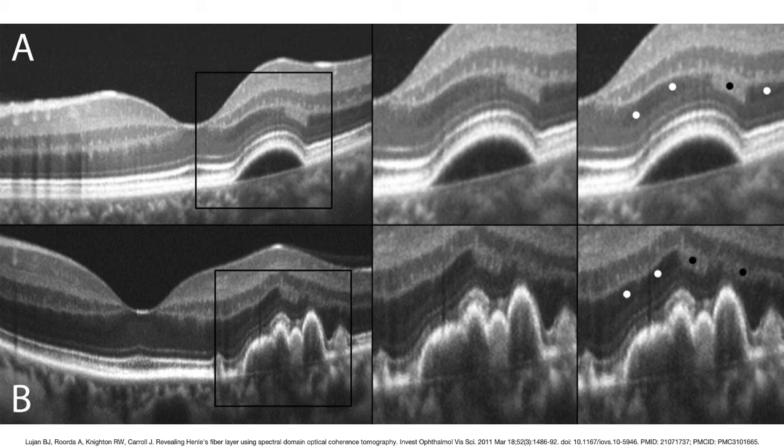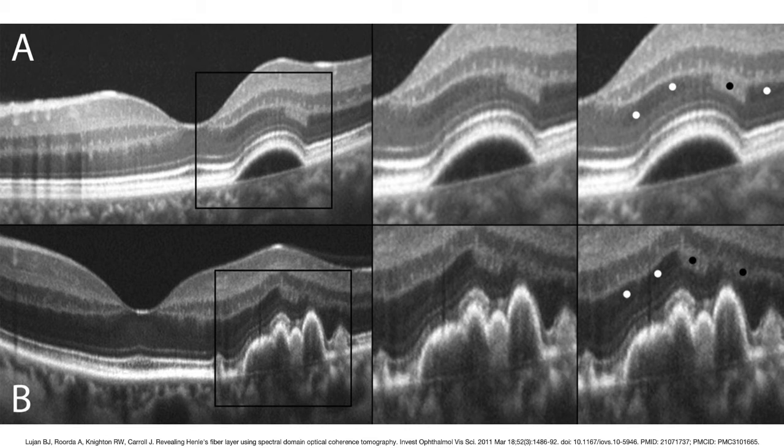Some cases that we probably are used to seeing in our clinical practice are shown in this image. In panel A, the serous PED is visible, and just next to the serous PED you have this kind of hyperreflective part.